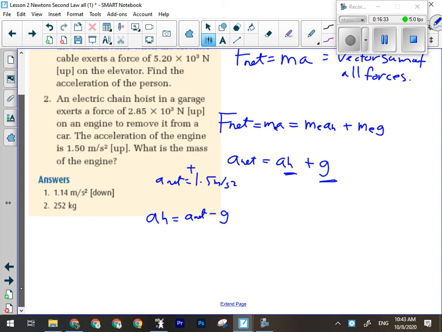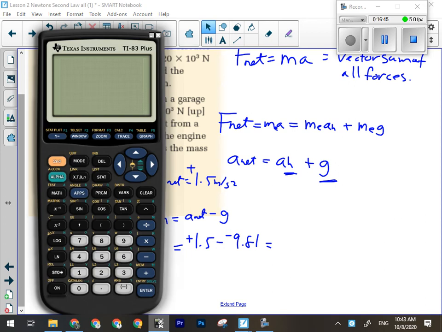So that will be positive 1.5 minus negative 9.81. So the hoist, if it was all by itself, in the absence of any other forces, could produce an acceleration of 11.31 meters per second squared.